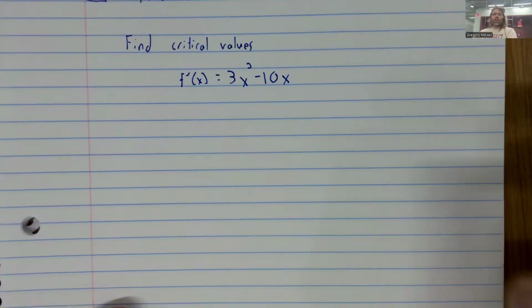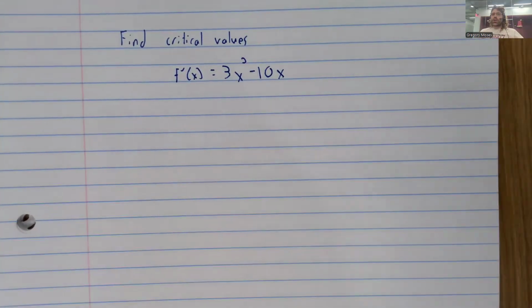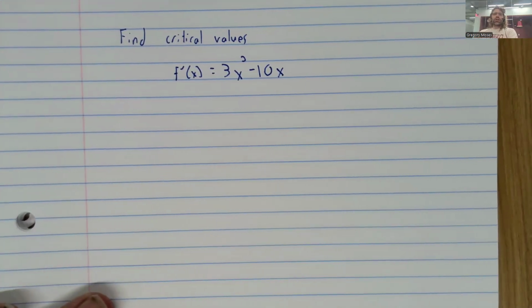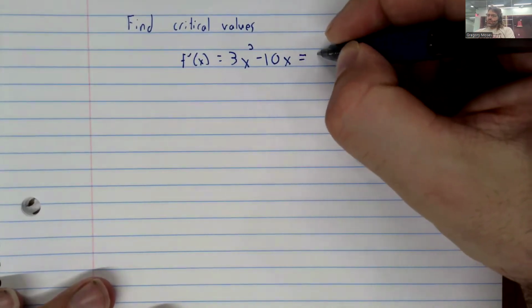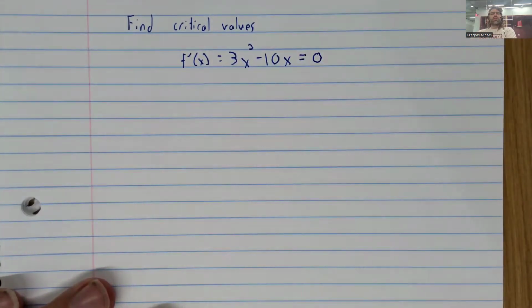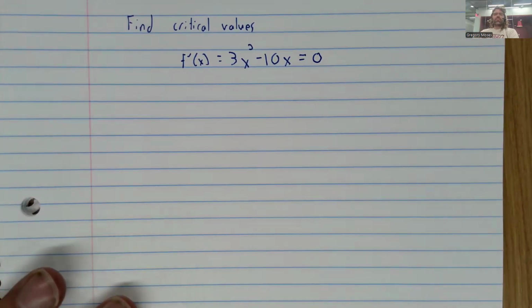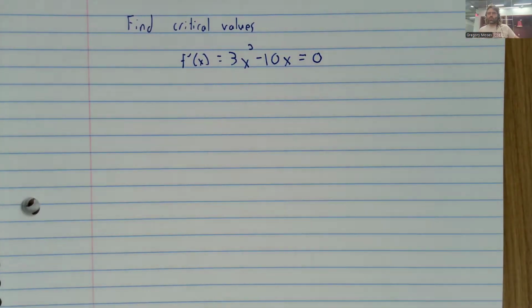Like here, this is a quadratic. A quadratic is always defined. There is no possibility that the derivative doesn't exist. So if there are any critical values, it has to come from this being equal to zero.